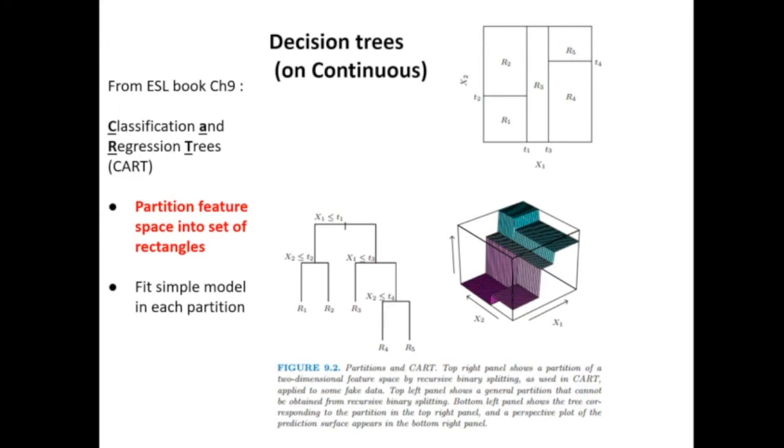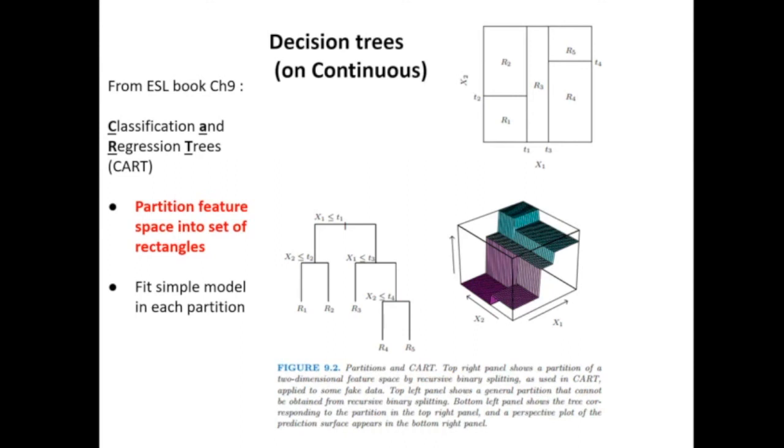Here, x1 and t1 separate into smaller than t1 or larger than t1. That's what my first top-level node does. And then on the left, using x2, the second feature, it separates this rectangle into two regions, an upper R2 and a lower R1. This is the left branch of the x1 root node.